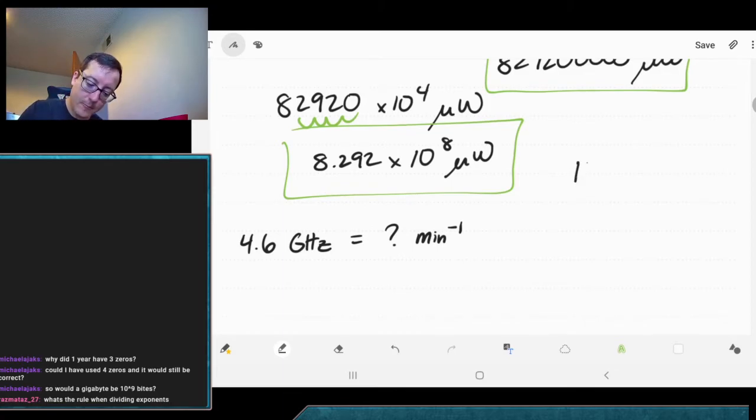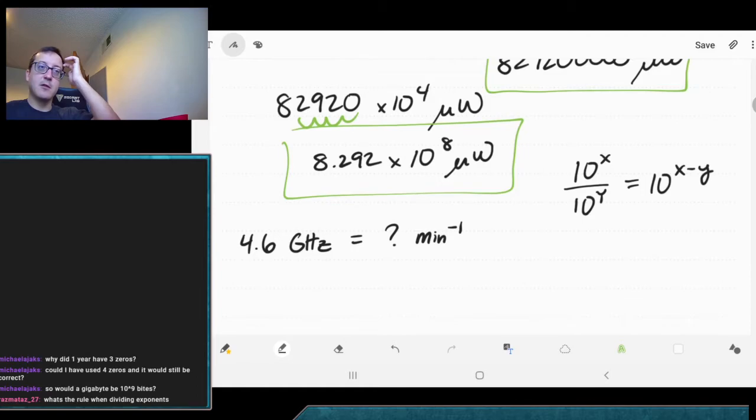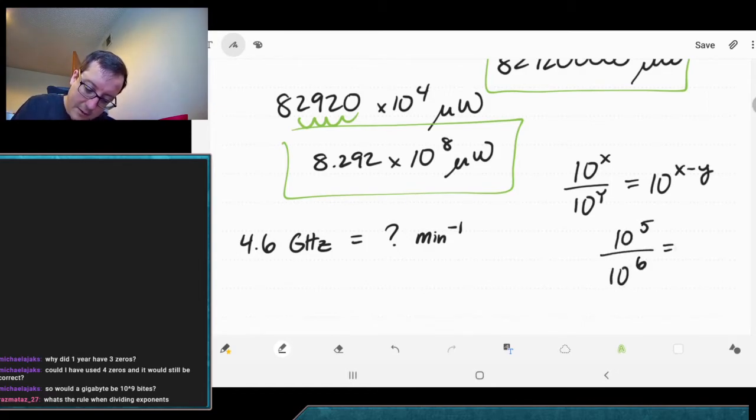Okay, so that's our rule for exponents. So if you have 10 to the x divided by 10 to the y, you subtract the two of them in your answer. So if it's, for example, 10 to the 5th over 10 to the 6th, that equals 10 to the minus 1.